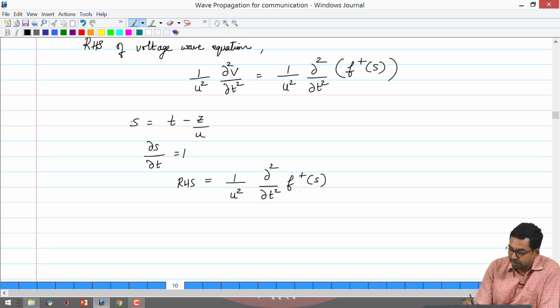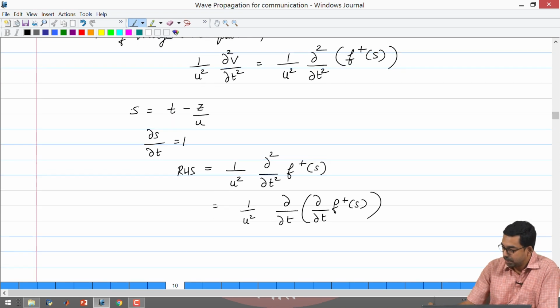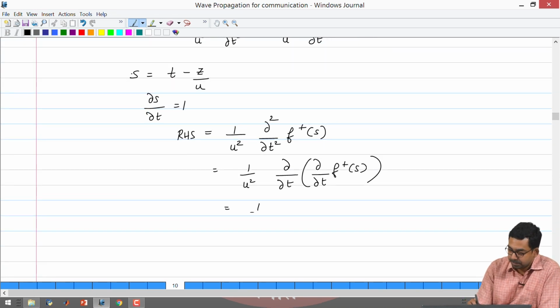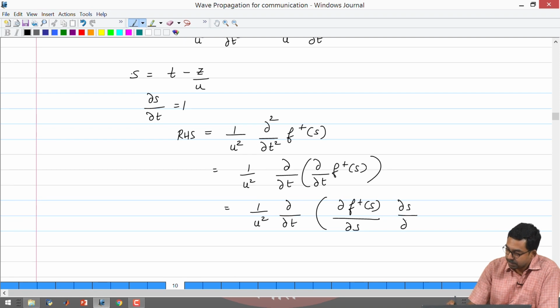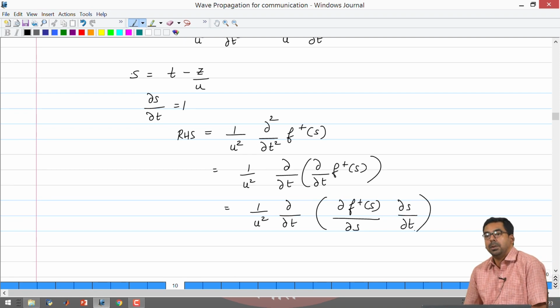So, we start by taking the first derivative with respect to time for f plus of s, all right, and for that you will be having dou by dou t, using the change of variables.